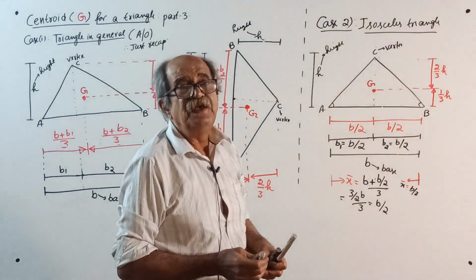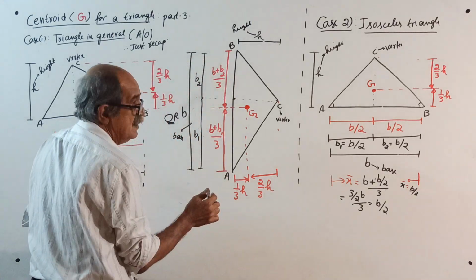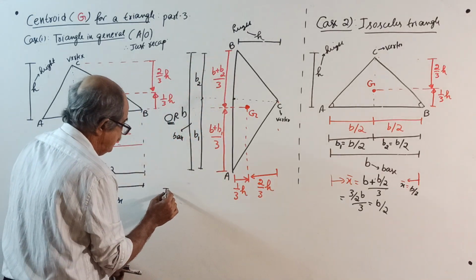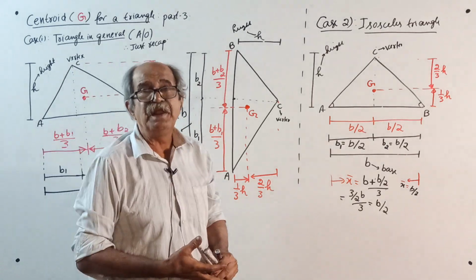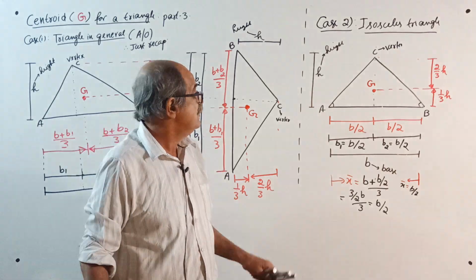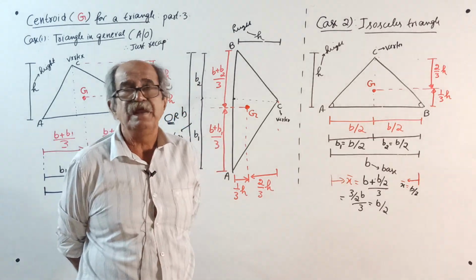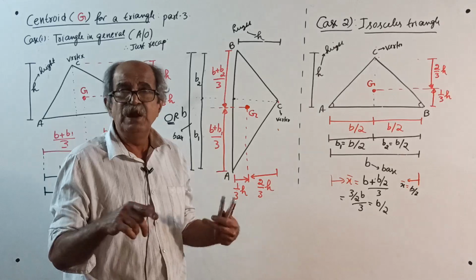There is one more rule. I will tell you now. Make a note. In case of symmetry, if there is an axis of symmetry, then the centroid lies on the axis of symmetry. Make a note, all this I will tell you later.